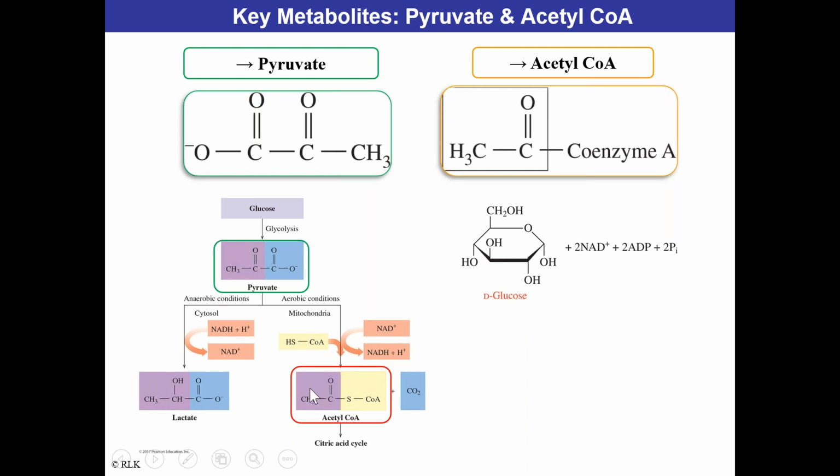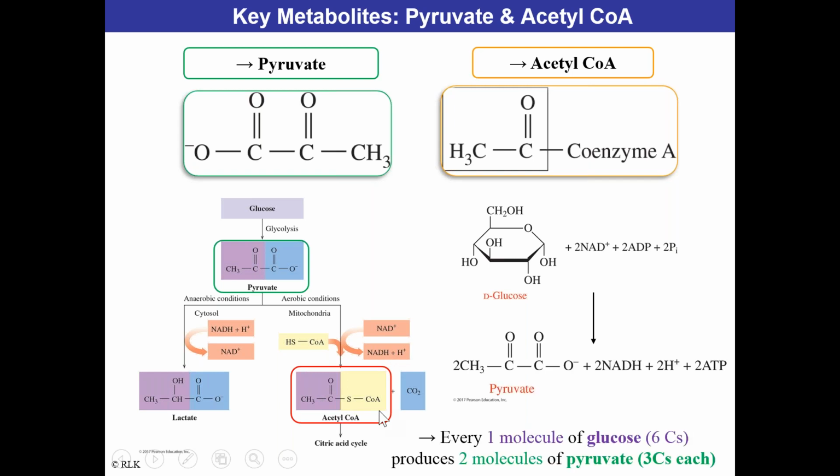And so now you have the acetyl coenzyme A, which was produced, and that is then a higher energy form of what is going to be needed, and that's what helps basically kickstart that citric acid cycle. Okay, so again, every 1 molecule of glucose produces 2 molecules of pyruvate. This would be the chemical reaction that you would have. Instead of me drawing the arrow from left to right here in the middle, I just have it going from top to bottom just because I'm running out of space.